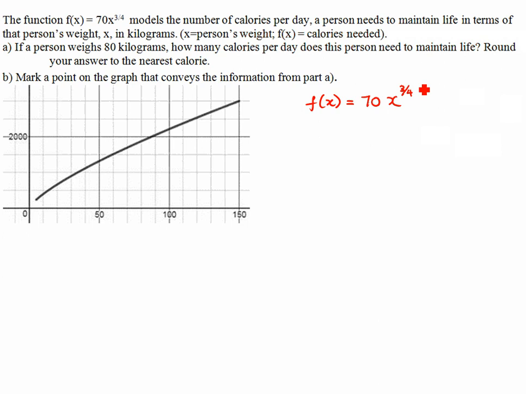Now part A, they're telling you the person's weight is 80 kilograms. So that means x equals 80. So now f of 80 becomes 70 times 80 raised to the 3/4. And we need to use our calculator.